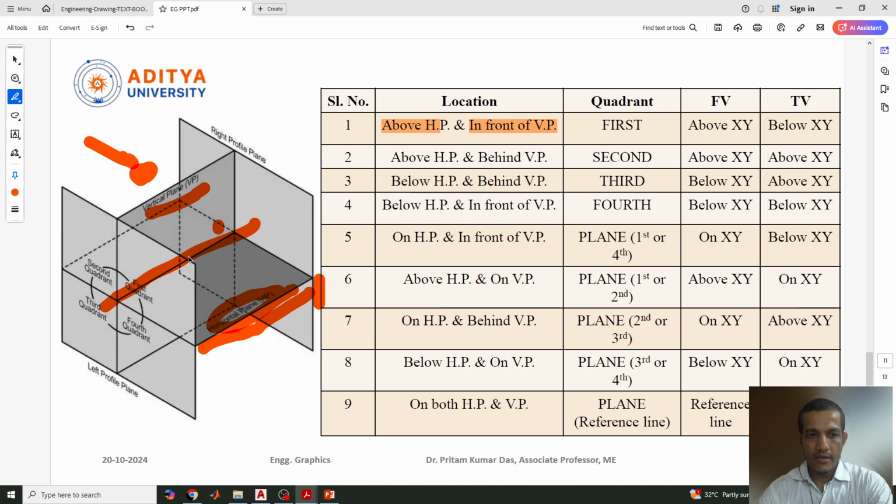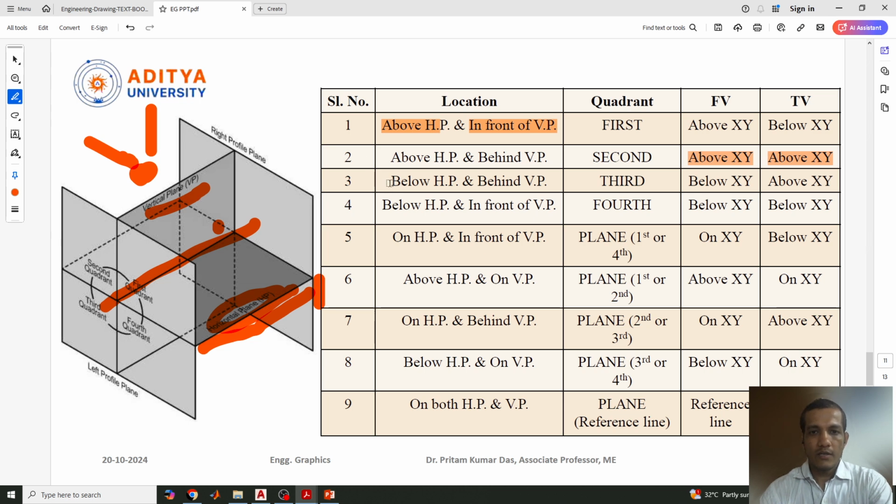And what about the top view? You are viewing from here, but the projection will be on the horizontal plane. While doing this projection, as I told you, we need to rotate the horizontal plane so that it meets the vertical plane. So both the point locations will be above the HP.